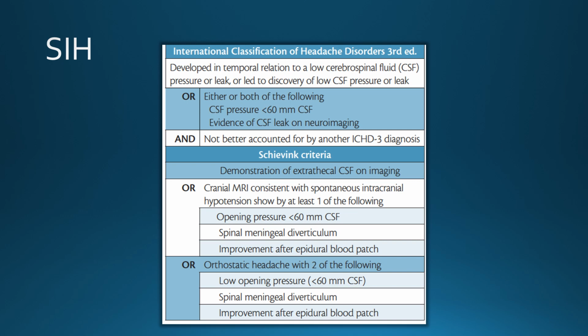And on neuroimaging, there should be evidence of leak. And there should not be any other cause of headache according to the ICHD-3 diagnosis. However, Schievink described hypotension as a demonstration of leak and cranial imaging findings consistent with spontaneous intracranial hypotension, with or without documented low pressure on lumbar CSF findings.